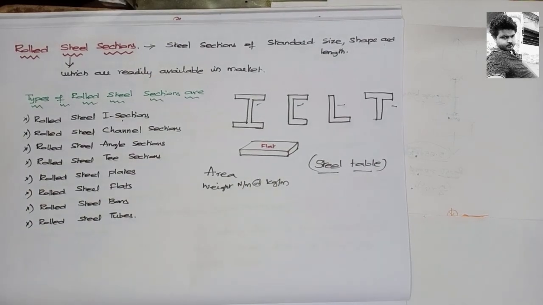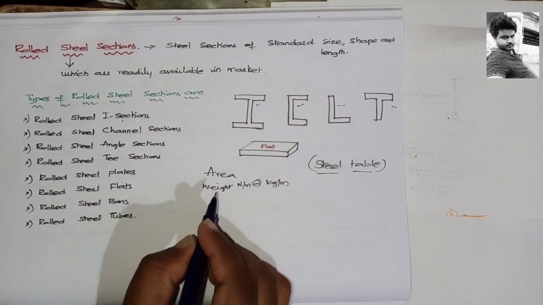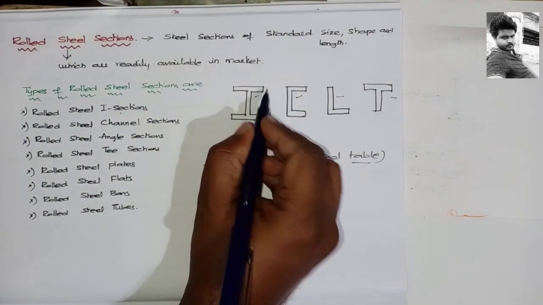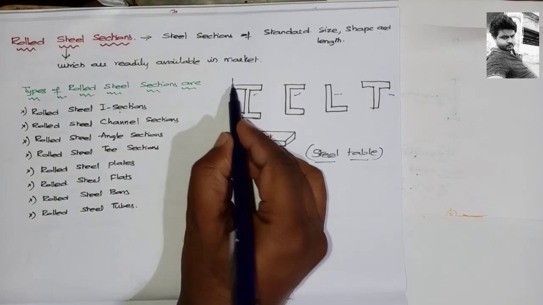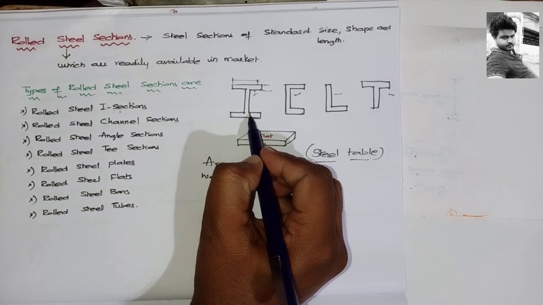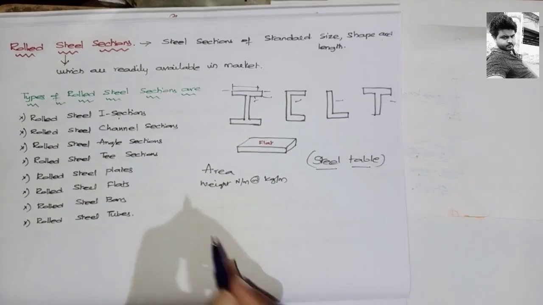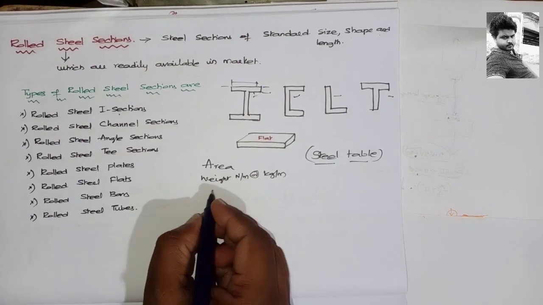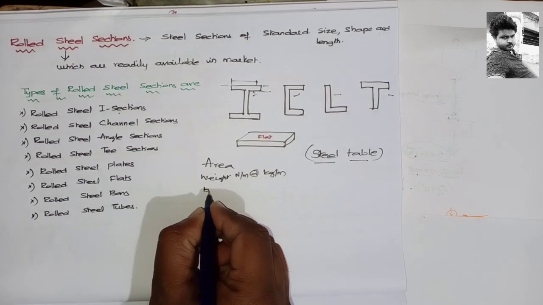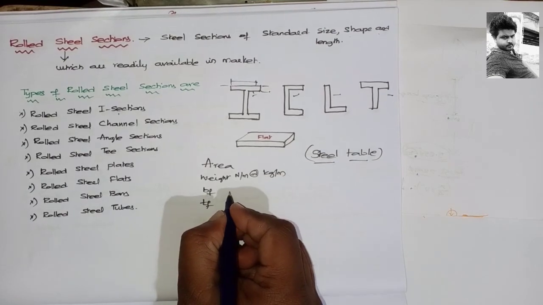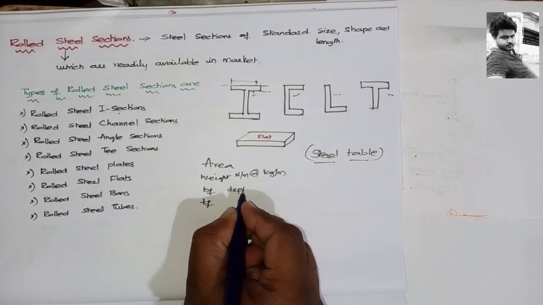Suppose I take an I section: flange width, flange thickness, depth of web or overall depth, like that you will have. So area, weight, width of flange, thickness of flange, depth of the member.